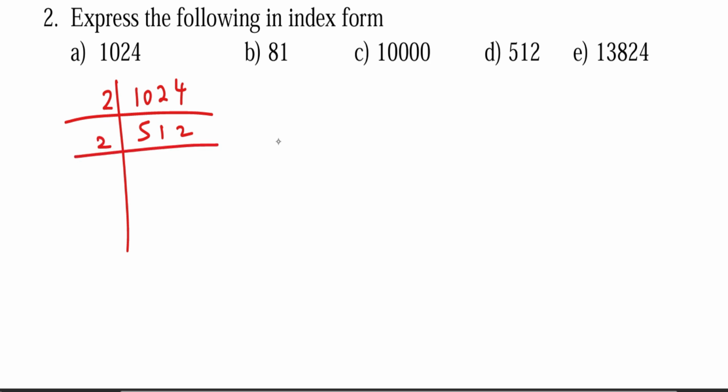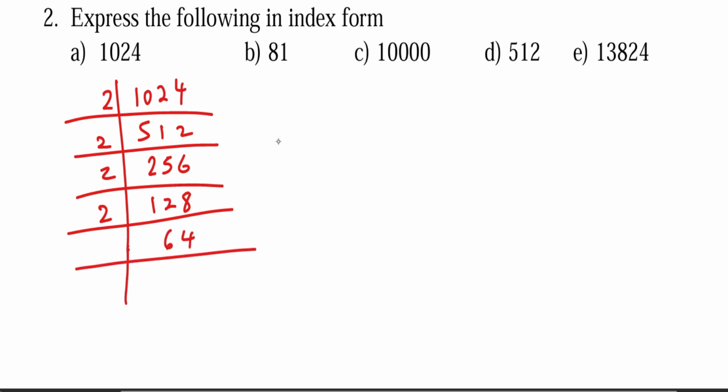Divide by 2, 512 divided by 2 gives you 256. Divide by 2 gives you 128. Divide by 2 gives you 64.